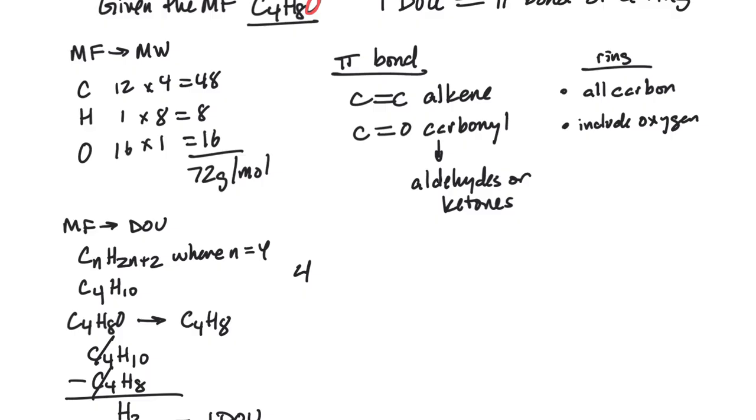So we'll say pi bond up here, and of that we have the two scenarios: an alkene, where we show the unsaturation as an alkene, or alternatively, a carbonyl, the CO pi bond. How can we then put these things together?